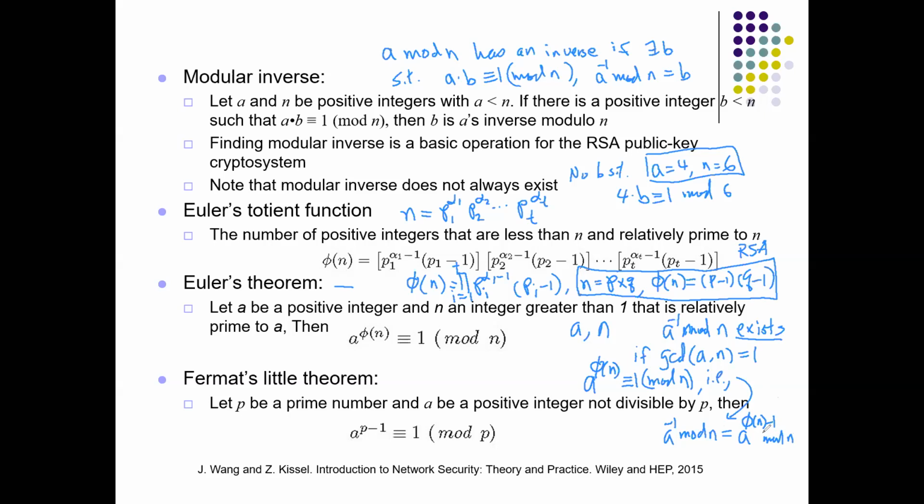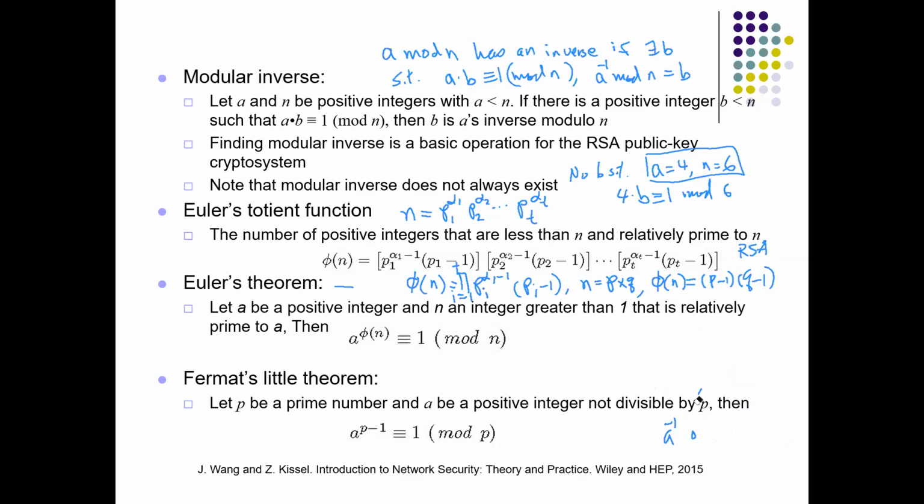Now let me erase this. We see a special case of Euler's theorem is when n itself is a prime number. Then in this case, Euler's totient function of p is just p minus 1.